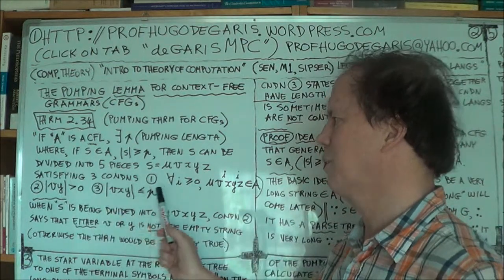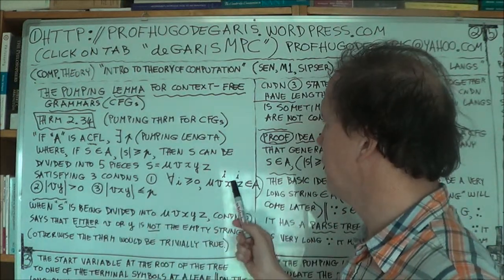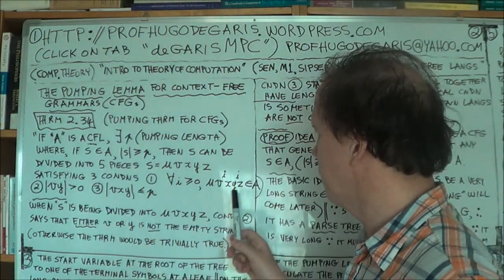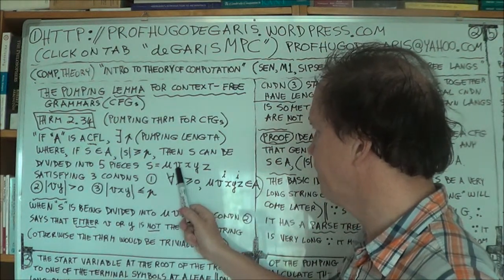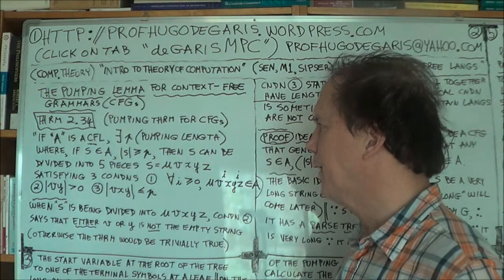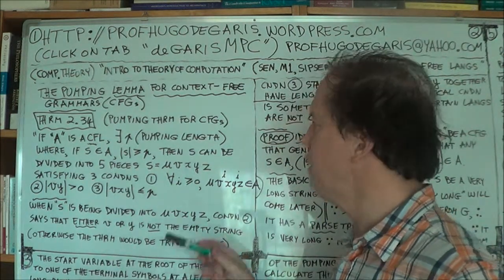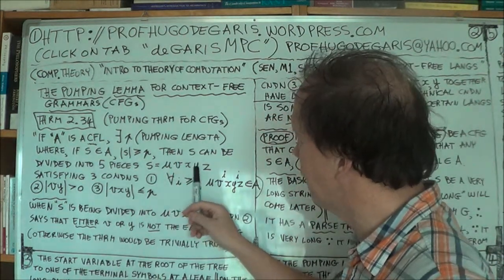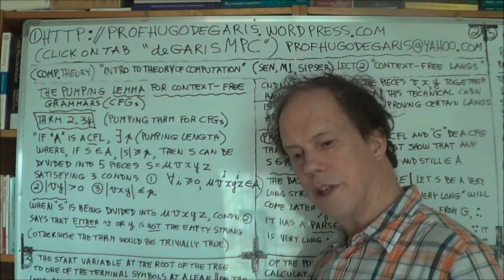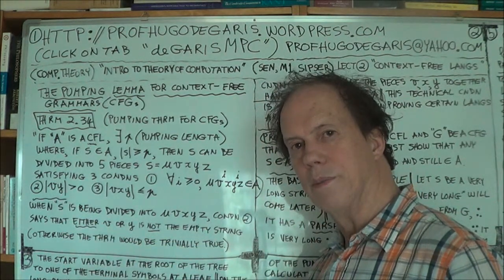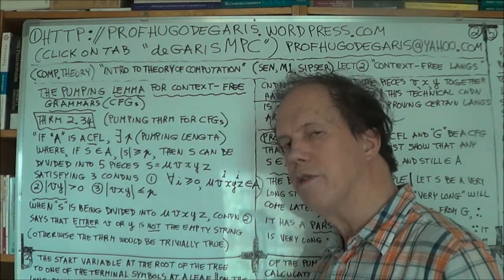Now there are a few other conditions as well on this pumped string. The V and the Y here, their length. If you concatenated V and Y, the length of that concatenated substring would be positive. Can't be 0.